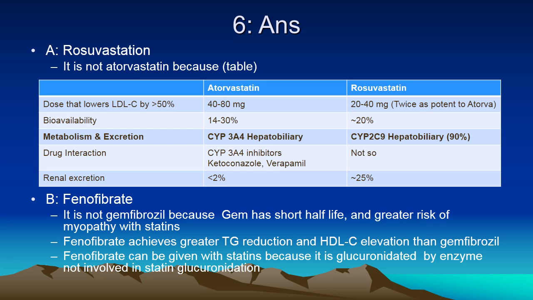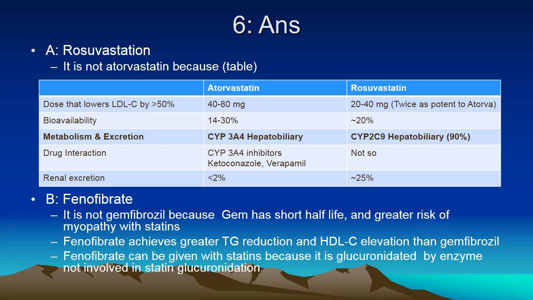Here, characteristic features suggest rosuvastatin, and the key feature is metabolism by cytochrome 2C9 and excretion hepatobiliary. Other features for atorvastatin are not present. Drug B can be a fibrate. It is not gemfibrozil because gemfibrozil has shorter half-life and greater risk of myopathy with statin.